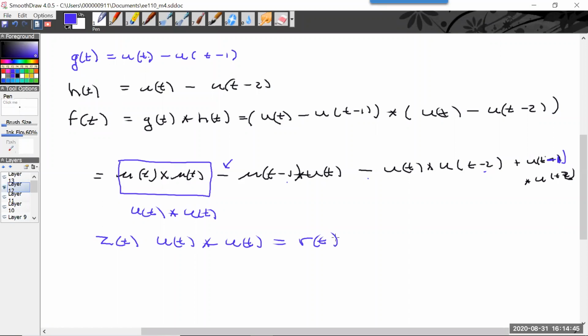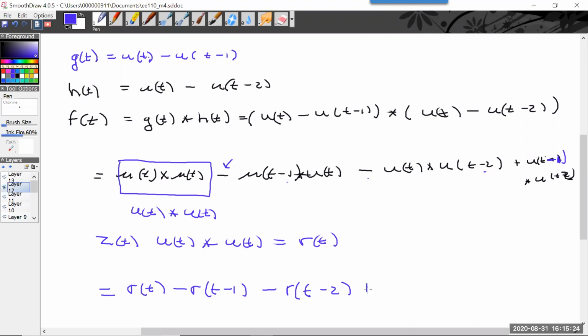All right, the ramp function. And now we just have to scale and delay each one. So the first one, that's just r(t). The second one is going to be minus, and delayed by 1 unit. This one is scaled by minus 1 and delayed by 2 units.